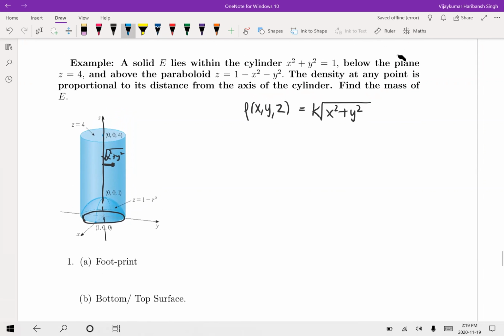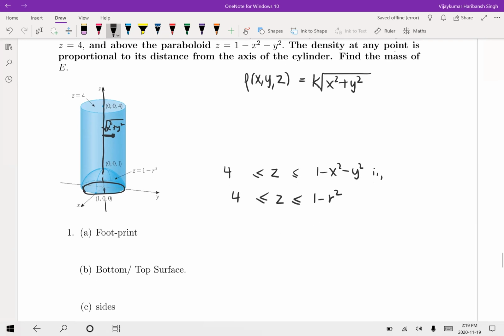In this case, z is changing between 4 and 1 minus x squared minus y squared, that is 1 minus r squared, right? So this is your top and bottom.